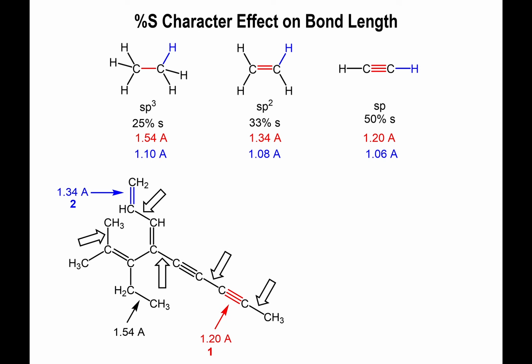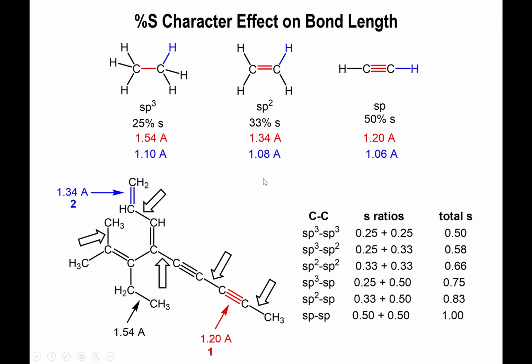So the smallest thing is going to be the triple bond by default, followed by the double bonds. But now the single bonds is where the fun begins. Because depending upon whether the carbon-carbon single bond is between carbons that are sp3, sp2, or sp hybridized, you have different amounts of electron pulling power associated with those carbons.